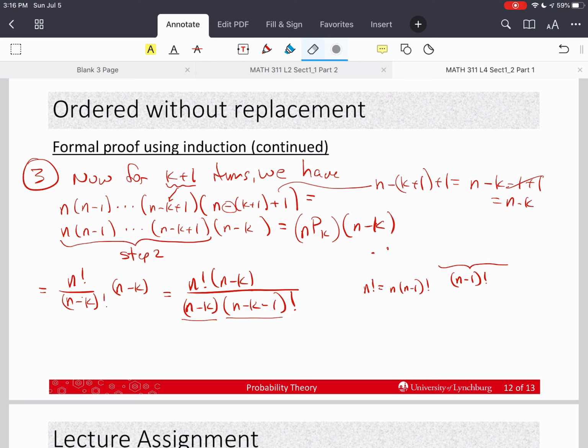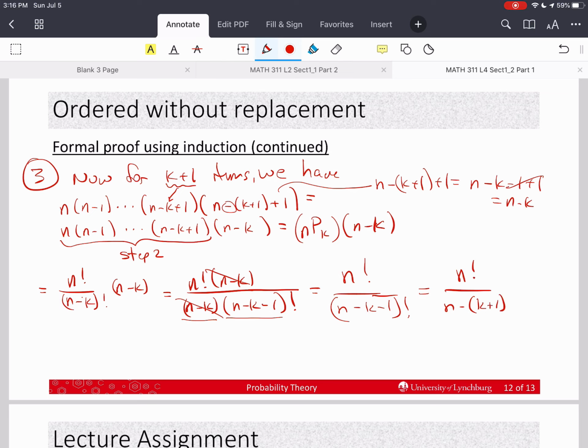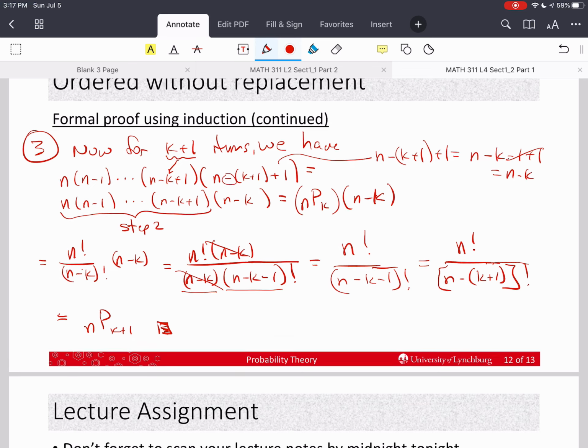And this cancels, and I'm left with n factorial over n minus k minus 1 factorial. Now I need k plus 1, so n factorial over n minus k plus 1 factorial. And this is equal to nP(k+1), which is exactly what we wanted for k plus 1. So we have proved by mathematical induction that this is true.